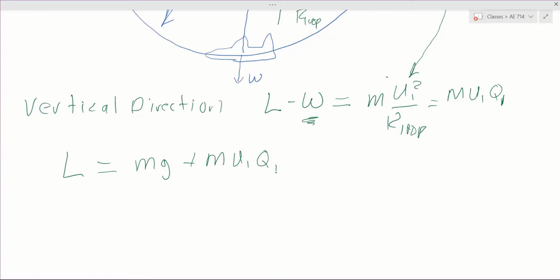So underneath this term that shows up in the lift equation, mg plus m U1 Q1, we divided by q bar S. And so this term is exactly the term that we have in the lift equation for the trim problem that we had on the board.